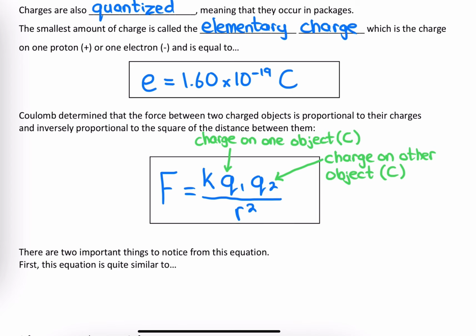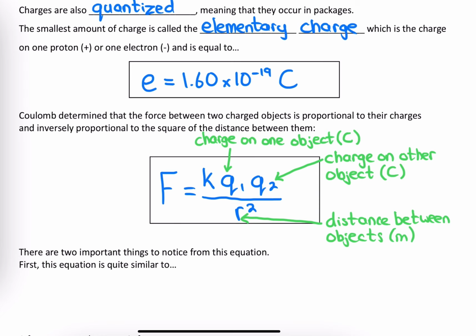R is the distance between the objects. It's going to be in meters.